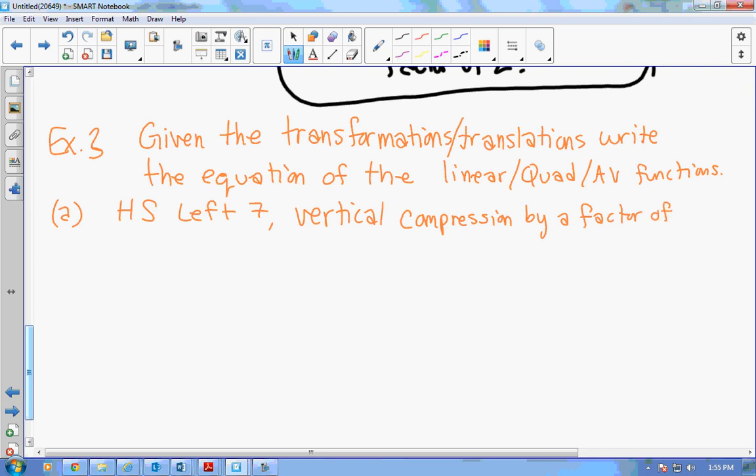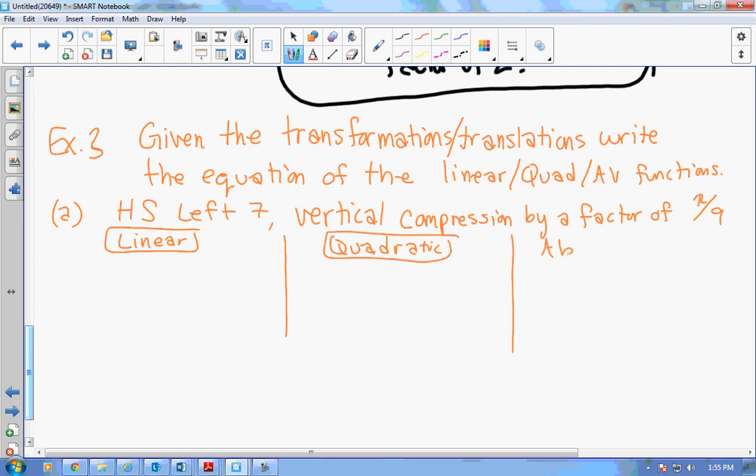So I need a fraction. What's our fraction? 2/9, sure. Okay, please write the linear equation using those, the quadratic equation using those, and the absolute value.